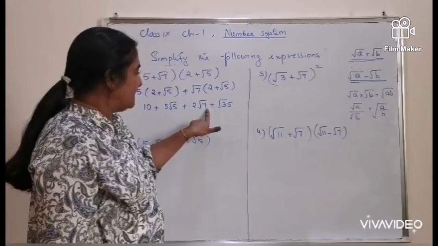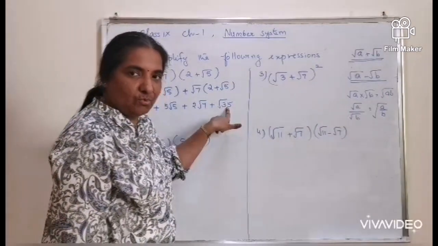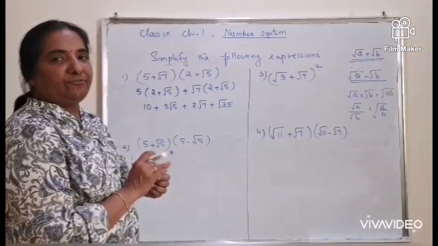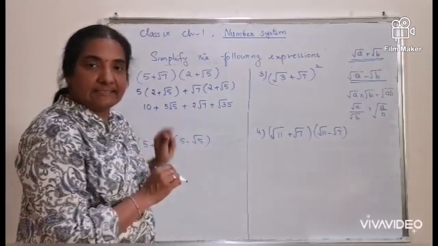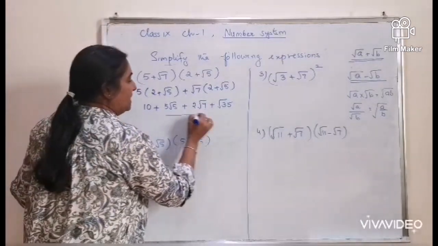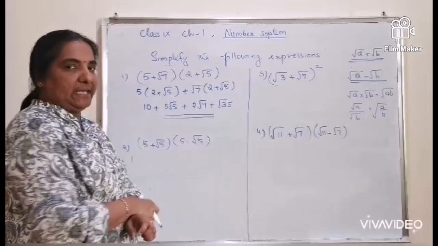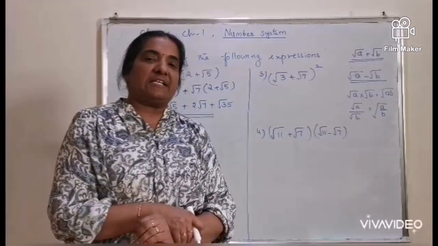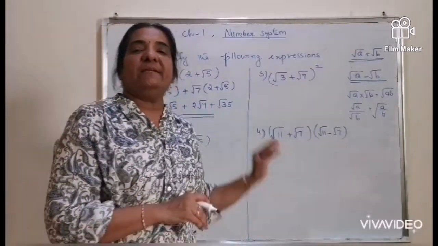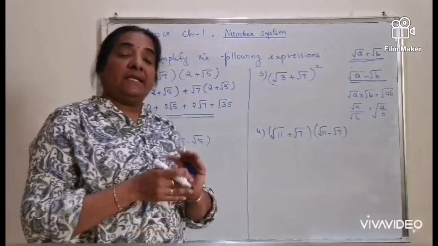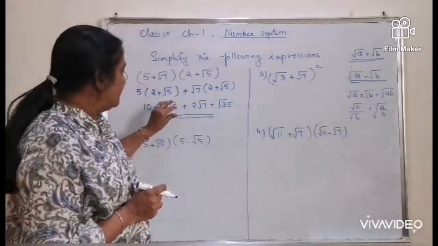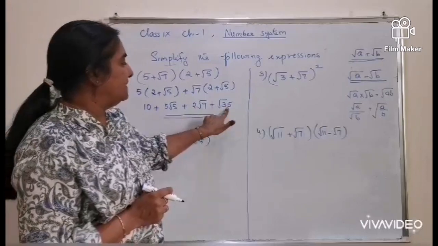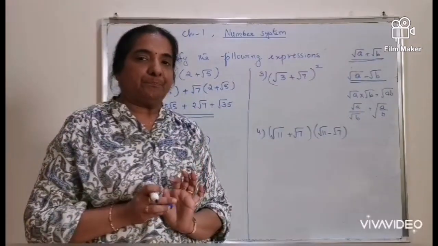Irrational factor root 7. Irrational factor root 35. None of them are like terms, so the answer remains. That is, addition of irrational numbers cannot be simplified further. It can be simplified if the irrational factors are the same.